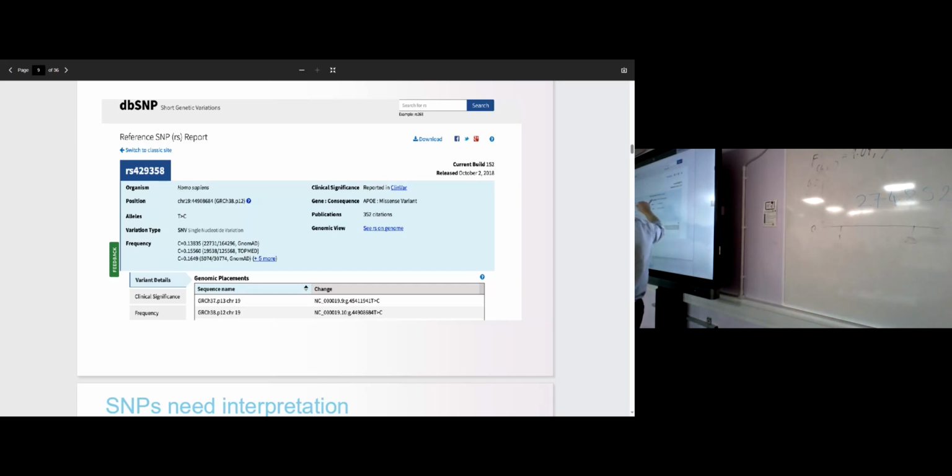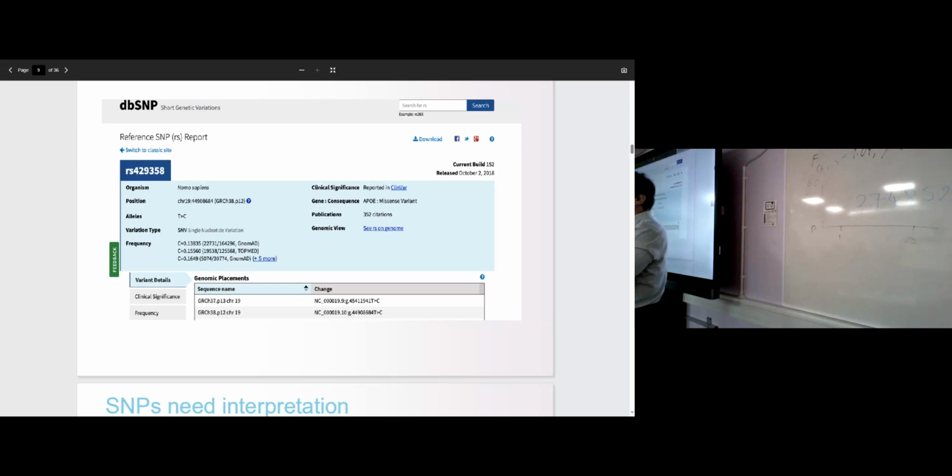And we also see that this SNP has a consequence. It's within one gene called ApoE, and as it happens, if you have that change from T to C, it causes a missense variant. A missense variant means that the protein sequence of that gene at that position is changed by an amino acid.